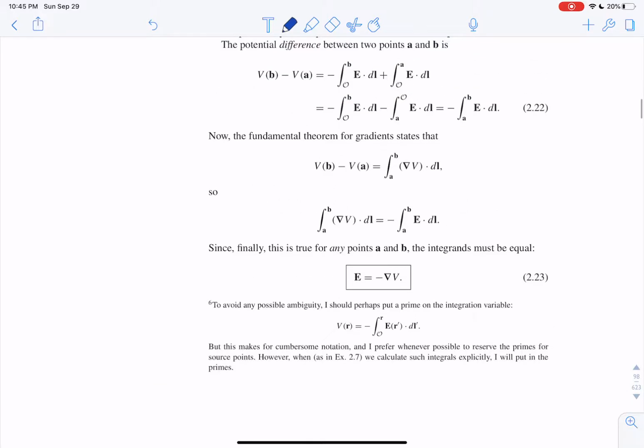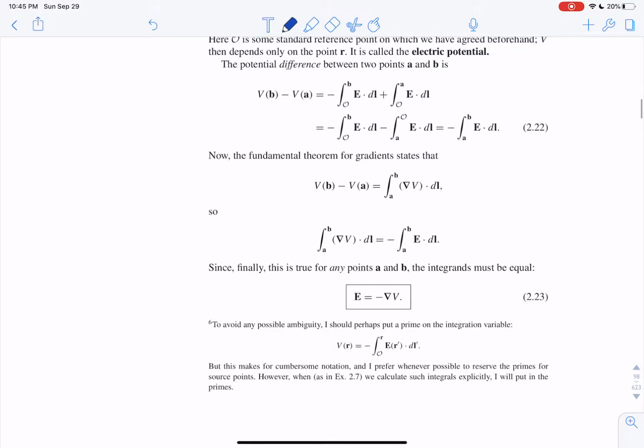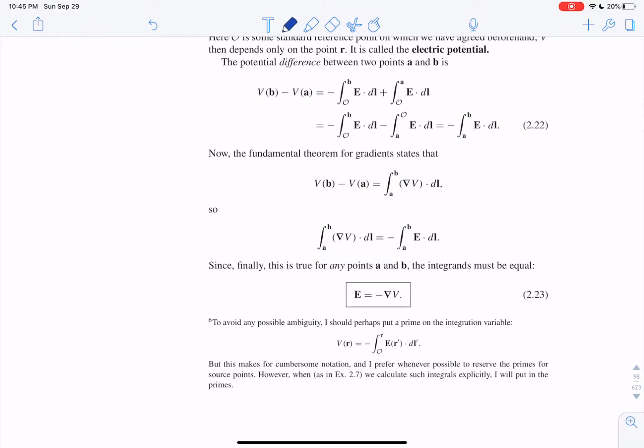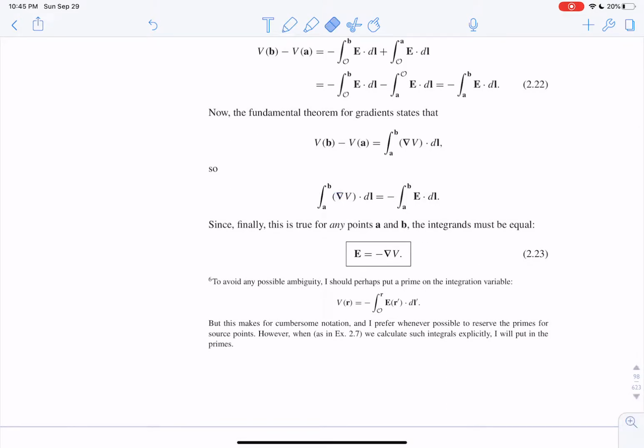What this means is pretty cool. The fundamental theorem for gradients says that the function evaluated at B minus A is equal to the integral of the gradient of the function. This is just the fundamental theorem of calculus again. So if this is the case, and that is the case, then we have this equation here, which says that the gradient of this potential is equal to the electric field.